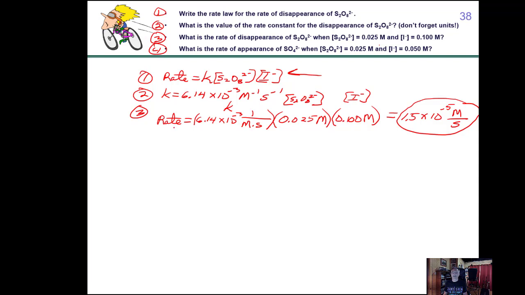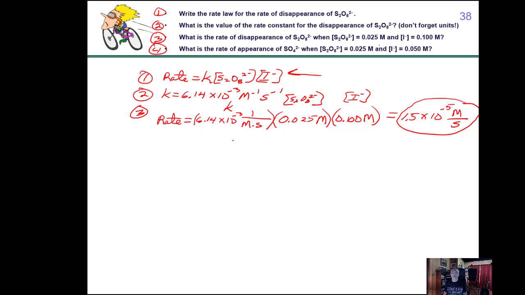That's going to give me the rate. So the rate is equal to K times 0.025 to the first power times 0.1 to the first power. And that winds up giving me 1.5 times 10 to the minus 5 molar per second.